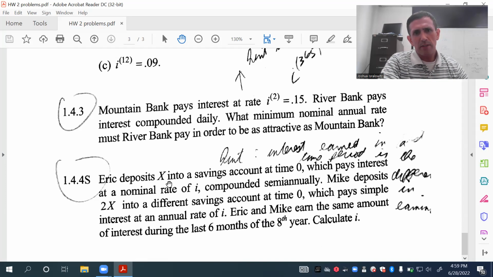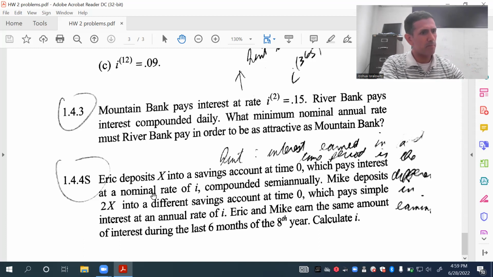All right, so Eric deposits X into a savings account at time 0, which pays interest at a nominal rate of I compounded semi-annually. So semi-annual means twice a year. Mike deposits 2X into a different savings account at time 0, which pays simple interest at an annual rate of I. So it's the same I. Eric and Mike earn the same amount of interest during the last 6 months of the 8th year.